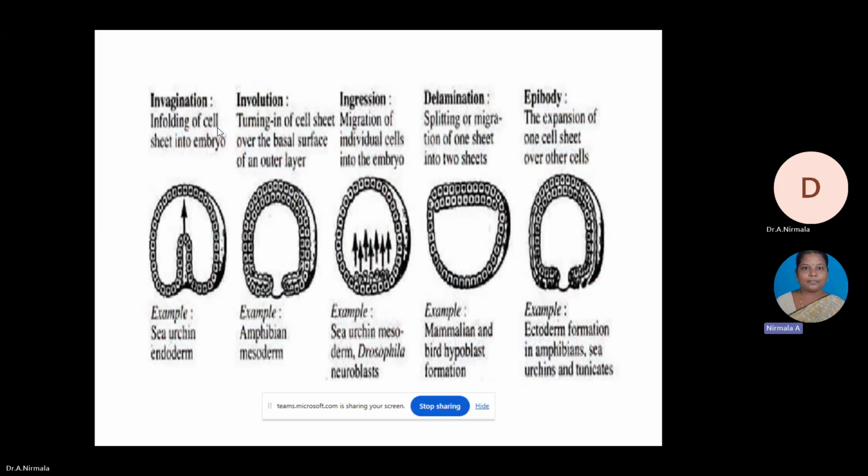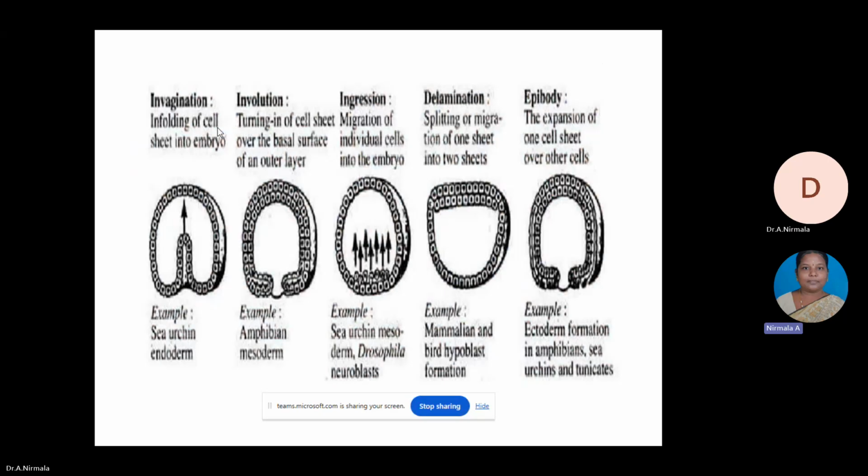Next one is the polyinvagination. Polyinvagination resembles the invagination, but here the outer layer invaginates in many places. The individual cells or groups of cells are involved in this process. This process occurs during the formation of endoderm in amniotes.